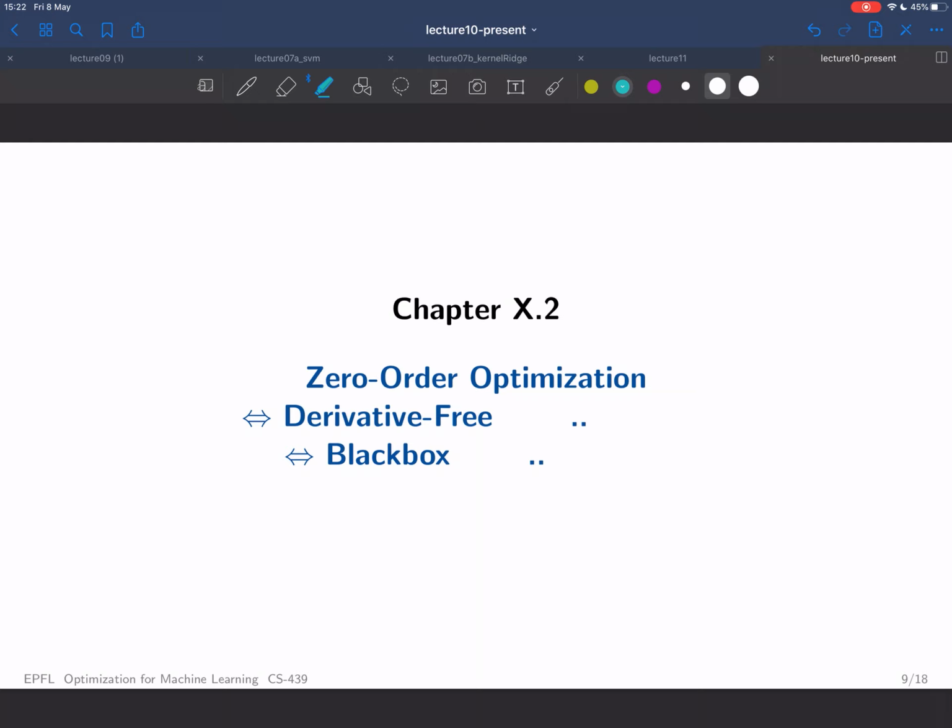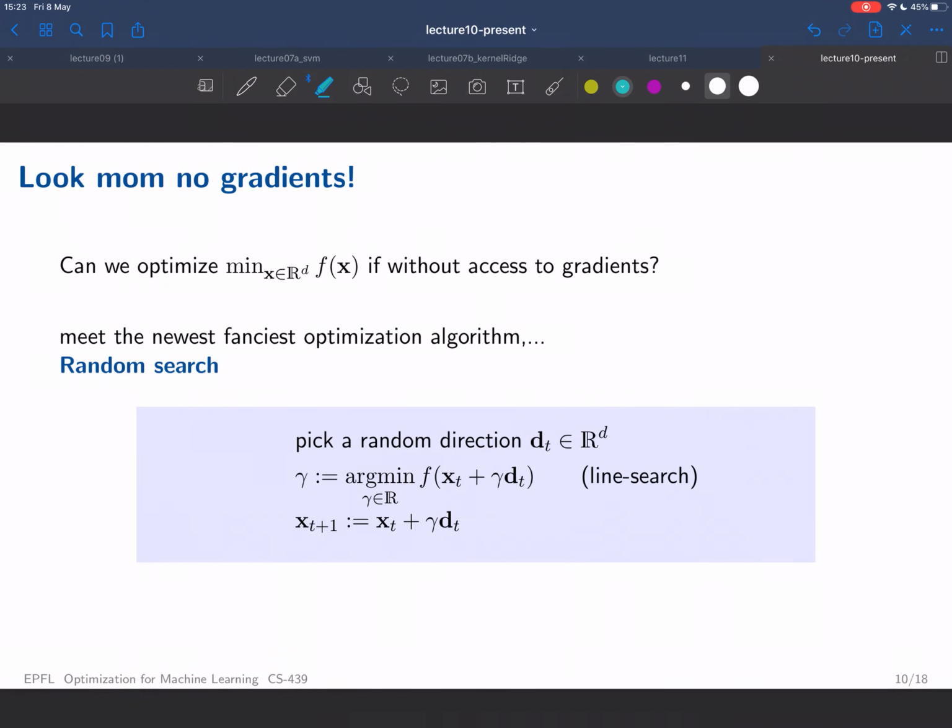But here this will allow us to apply optimization even more broadly, to problems which are not differentiable, where we know almost nothing about the problem. So that's the question: can we minimize a function if we do not have gradients? Here's the problem we want to solve, just standard: minimize f of x, but no gradients around.